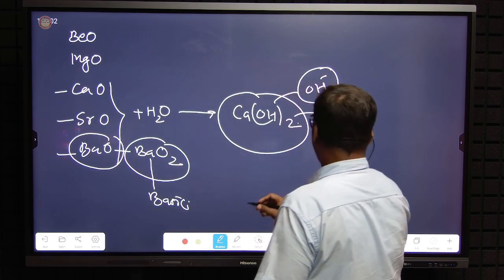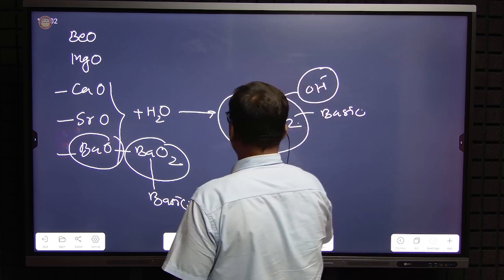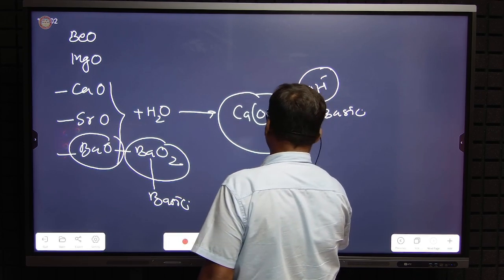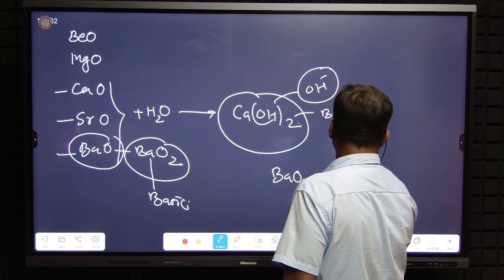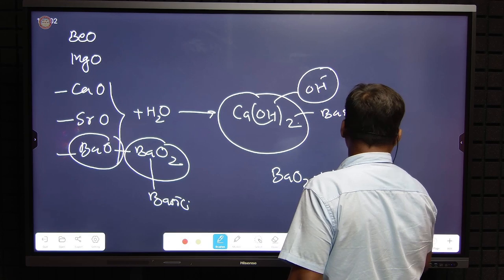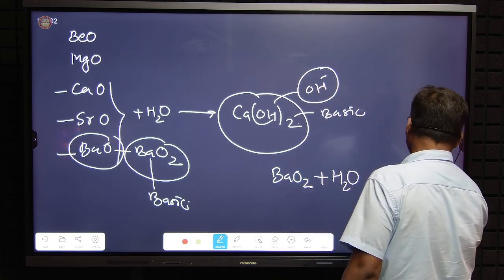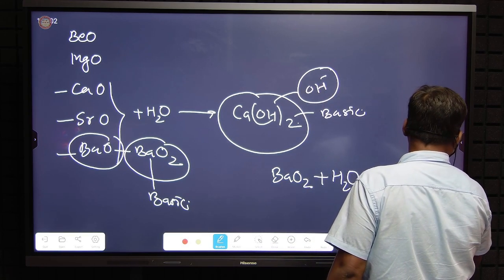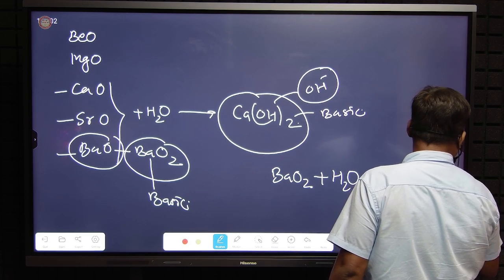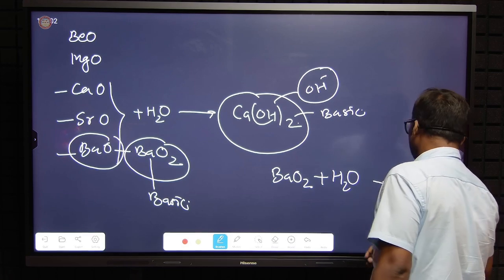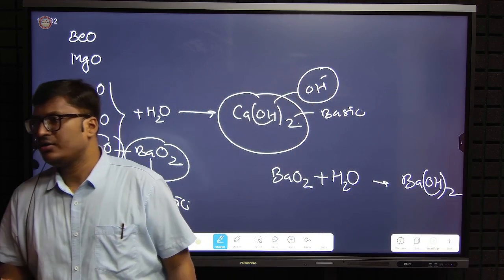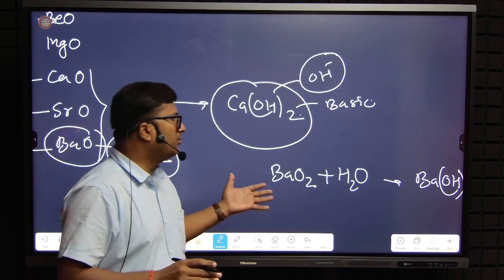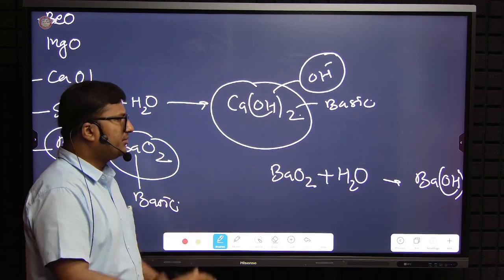And barium peroxide, BaO2, also forms barium hydroxide, Ba(OH)2. This reaction can be balanced by simple molar balance.